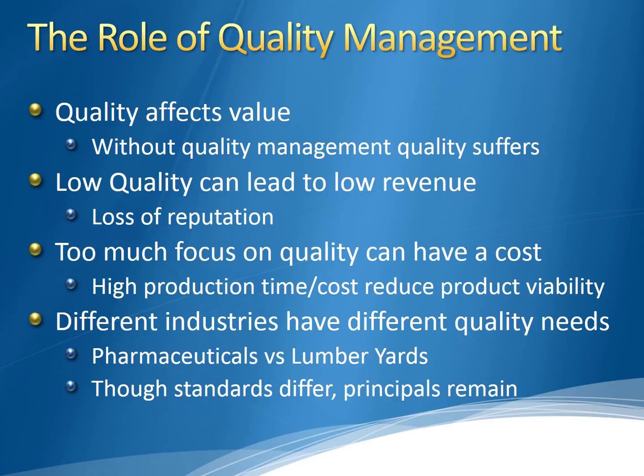Another important thing to focus on here, now that we've seen how high and low quality can affect a business, is that different industries are going to have different quality needs. So, for example, if you're looking at a pharmaceutical company, low quality prescriptions could have either no effects or potentially negative effects. So, a high level of quality is going to be significantly more important than, say, a lumber yard where a couple of 2x4s that are a little bit squirrely or knotty isn't going to make or break a job.